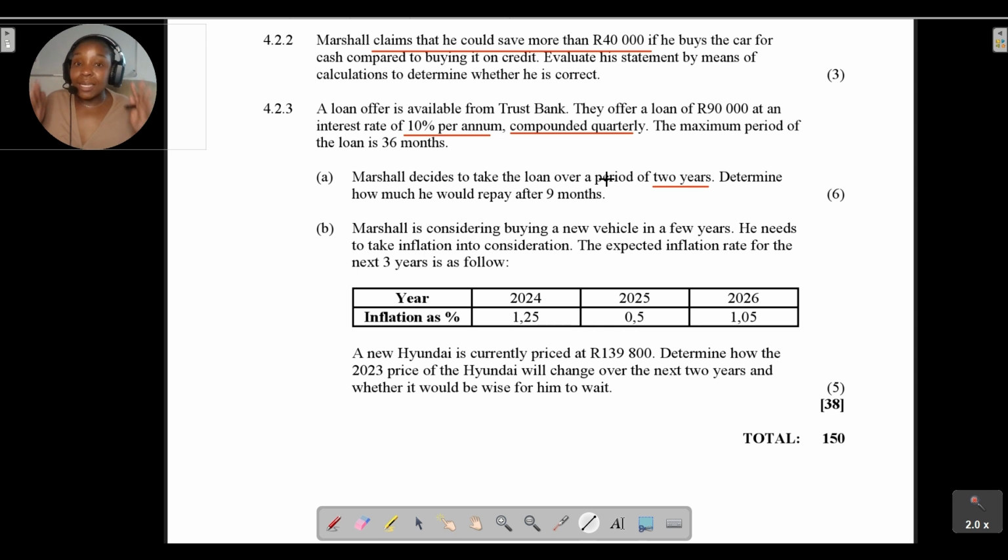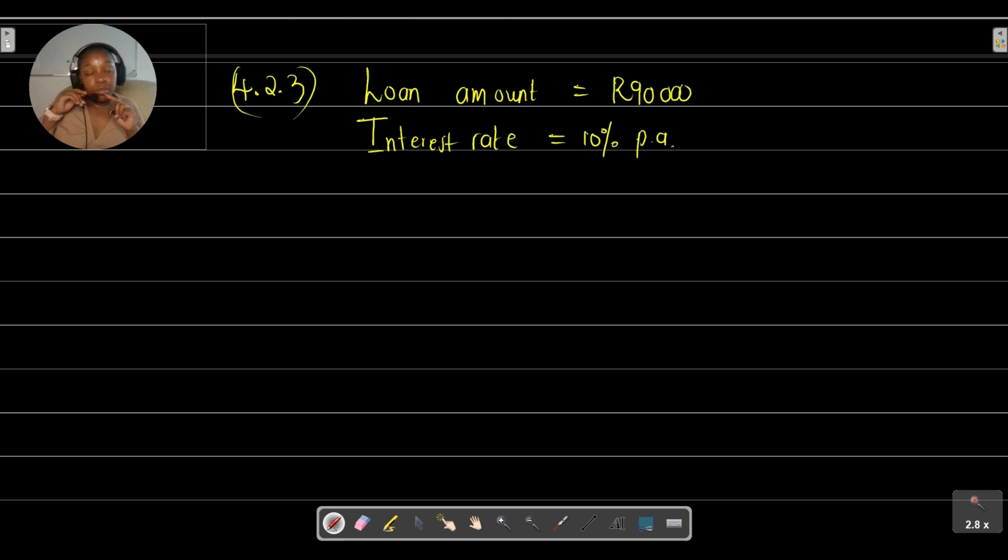Secondly, what is the interest rate? The first thing here is that he's taking up a loan of 90,000 and we are given that the interest rate is 10% per annum. So what does this mean? The maximum interest rate that he can be charged in 1 year is 10%. So you need to take note of that.